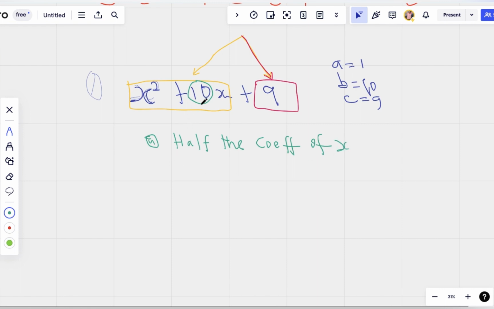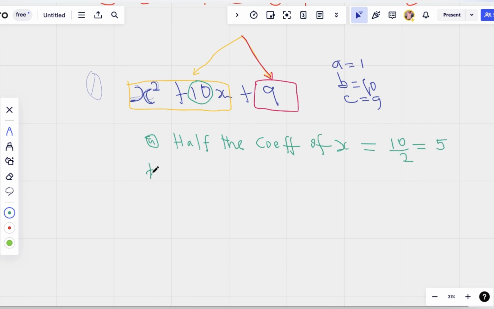Half means divide by 2. So 10 divided by 2 becomes 5. So we take the coefficient of x and halve it, and we get 5. That's the first condition.